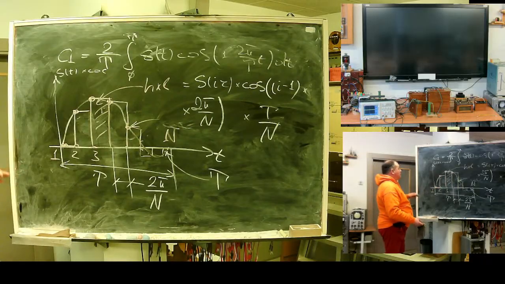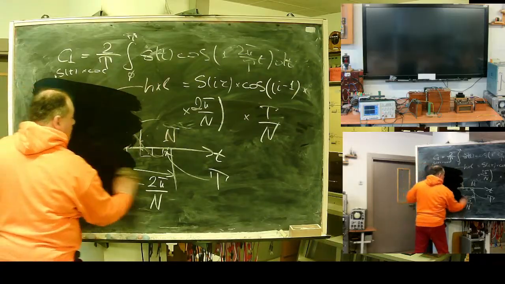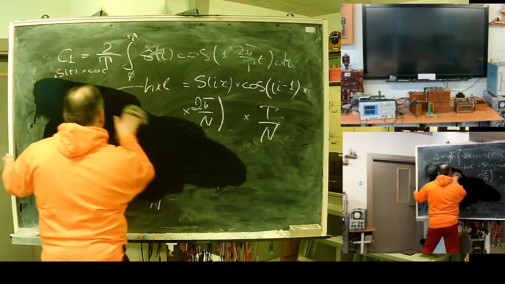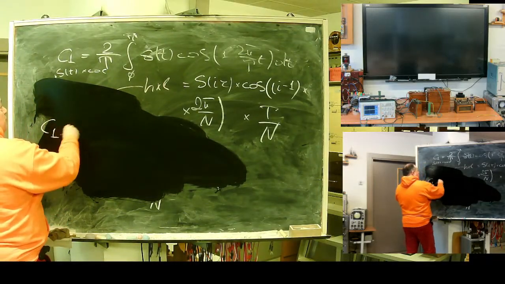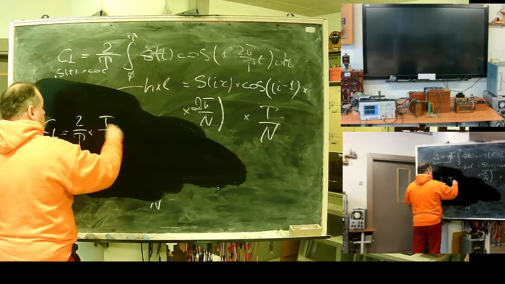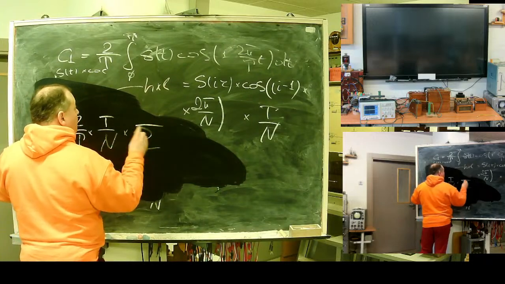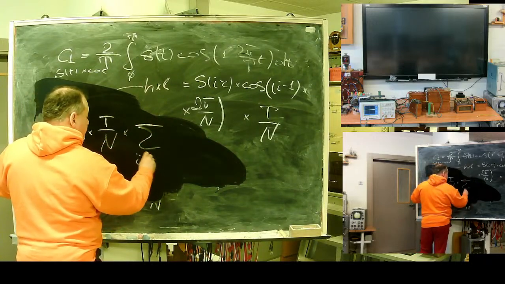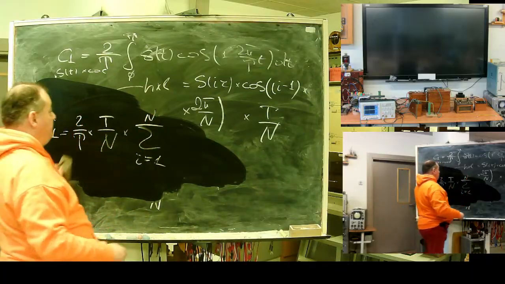Now, I can write the full value of C1. It will be 2 divided by T, multiplied by T divided by n, multiplied by the sum of all rectangles.